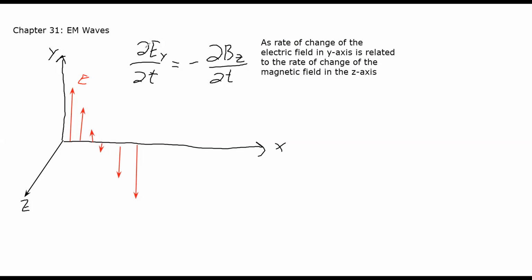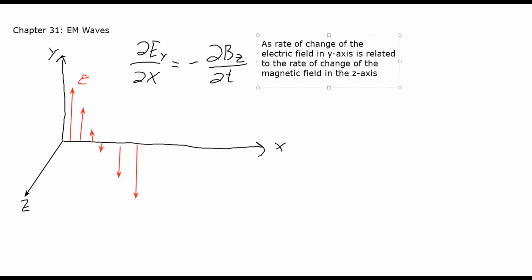Oh, actually, this is what happens when I do not go through the derivation. It's actually not dEy over dt, it's dEy over dx. That makes more sense. All right, so let me change this. I've got to be kind of careful here. There's a rate of change of the electric field.